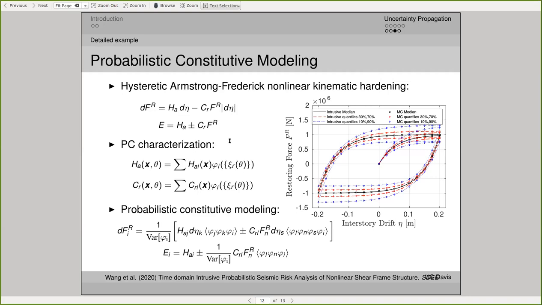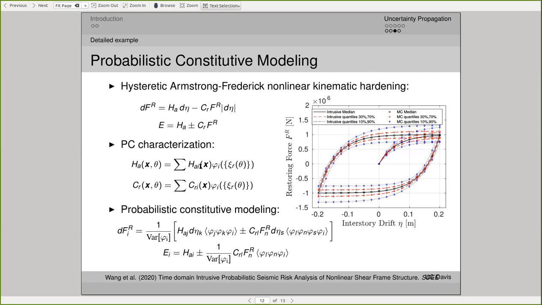Now, if we want to consider uncertainty in such a deterministic constitutive relation, again we need to characterize our input parameter uncertainties in HA and in CR, and represent them in Hermite polynomial chaos.